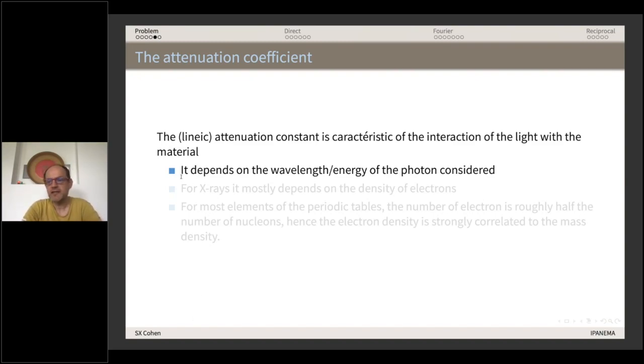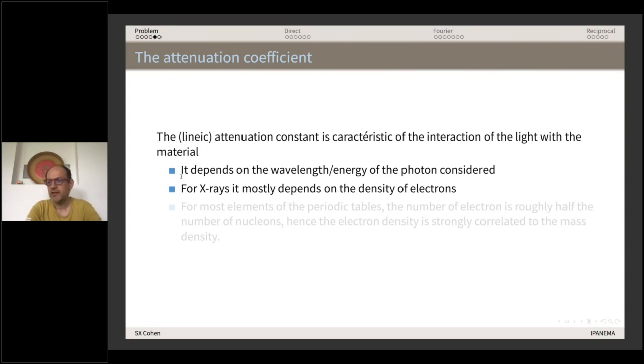Okay, so this attenuation coefficient depends on the wavelength. And in the X-ray, and that's the reason why X-rays are rather interesting for seeing the internals of objects, the effect is mostly a direct interaction of the photon with the electrons as such, nearly as if the electrons were free of atoms.